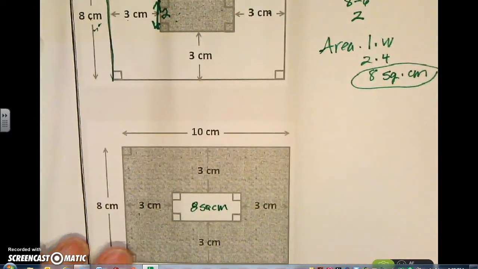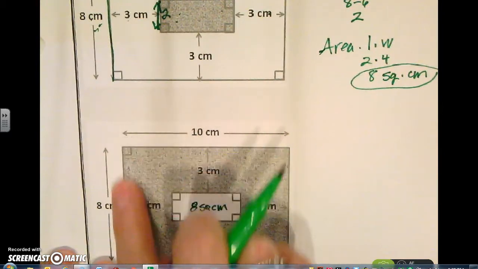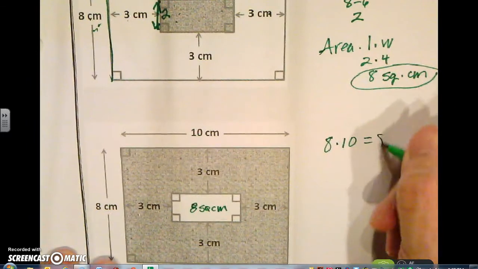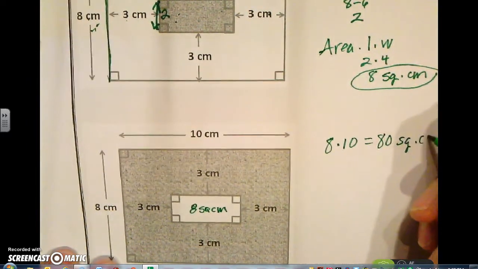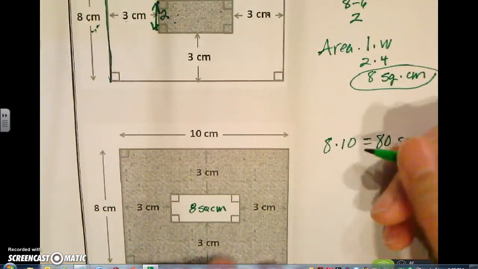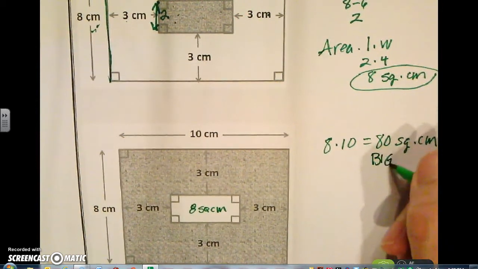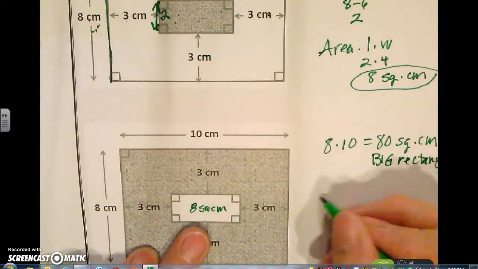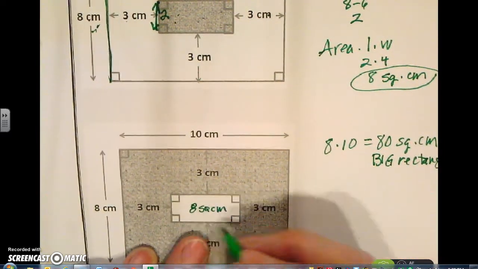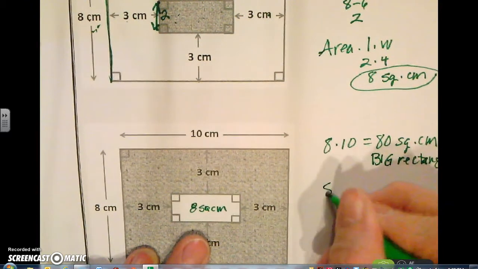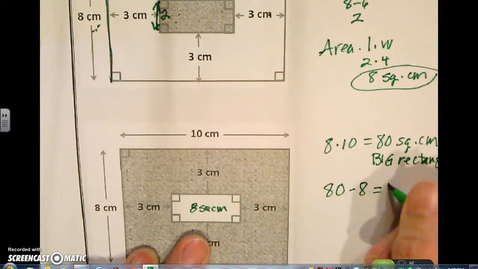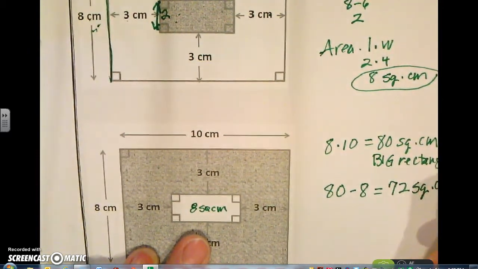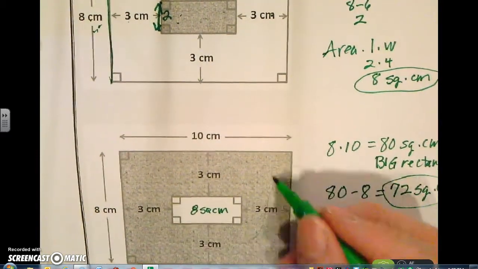That little section was. So if I find that there's 8 times 10 is equal to 80 square centimeters in the whole big rectangle, and then I subtract out the 8 that's in the middle that we've already calculated, I'm going to have 80 subtract 8 is equal to 72 square centimeters in this shaded area here.